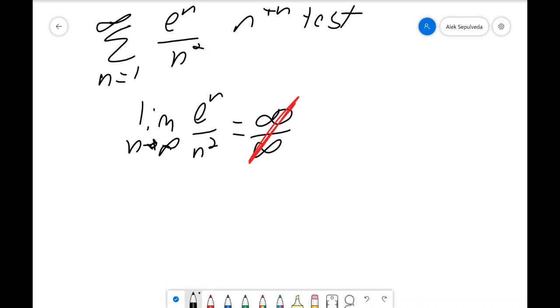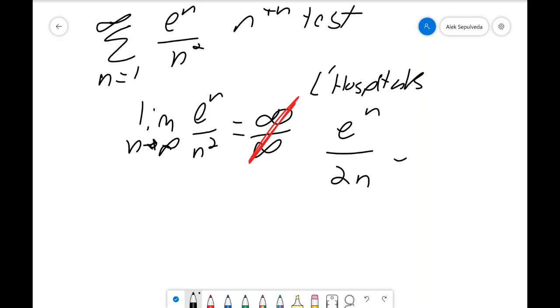So we're going to do L'Hopital's to get e to the n all over 2n. Again, this gives us infinity over infinity when you take the limit to infinity. We're going to do L'Hopital's one more time.